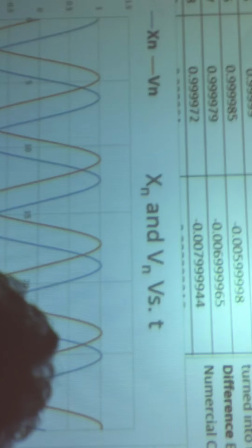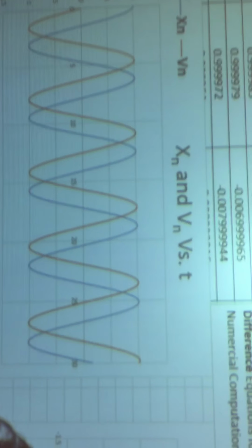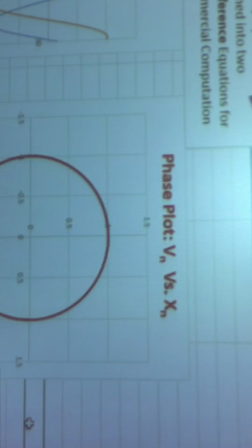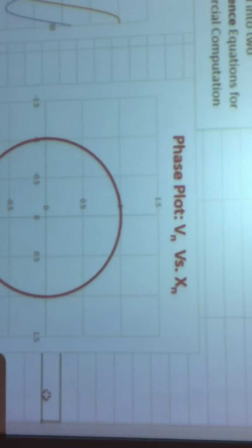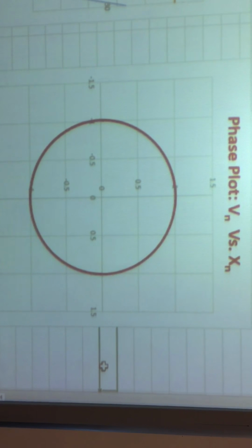All right, and then when you plot out the graph for velocity versus time, you see a sinusoidal graph as you expect. When you do the phase plot, which is the velocity versus position graph, that will actually give you a circle.